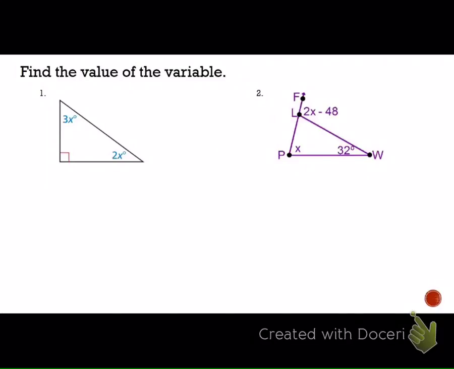All right. How can I find x? What can I do? Greg. You add 2x and 3x plus 90. And that equals what? 180. Good.